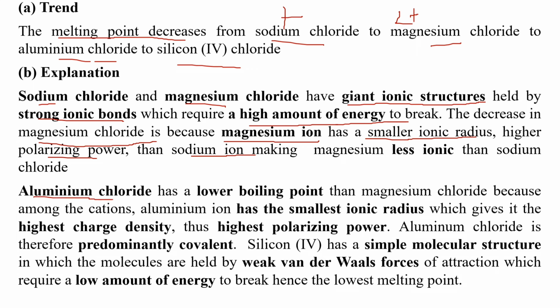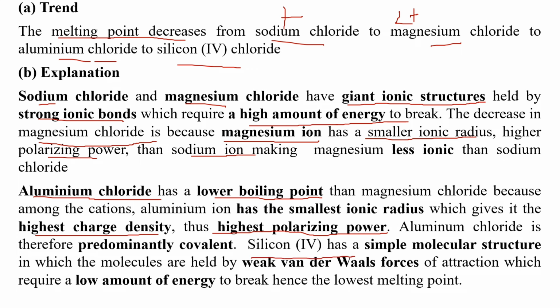Now diving into aluminium, aluminium chloride has a lower boiling point than both of them because, as we said, it has a high charge density. The aluminium ion is highly polarizing, so it polarizes the chloride ion, making the compound very covalent and thermally unstable.